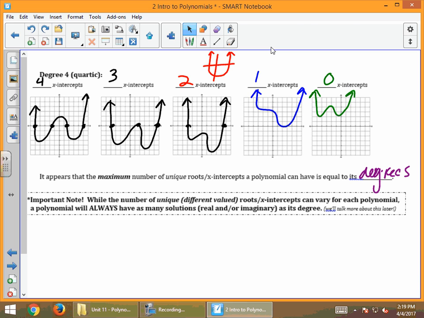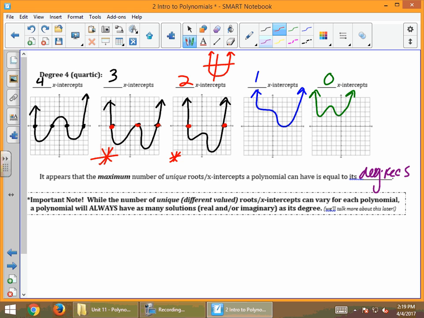So we look at this example right here, the second example we did, it has 1, 2, 3 x-intercepts. So that means it has 3 real solutions. There's just 1 that's imaginary. On this third graph, it only has 1, 2 real solutions. That means 2 of them are imaginary.